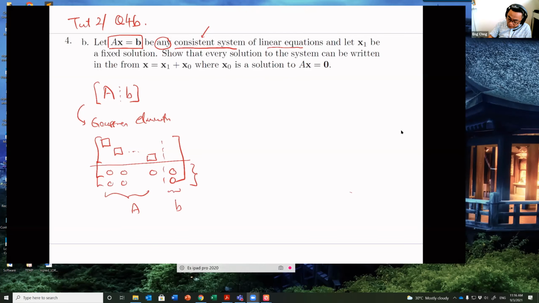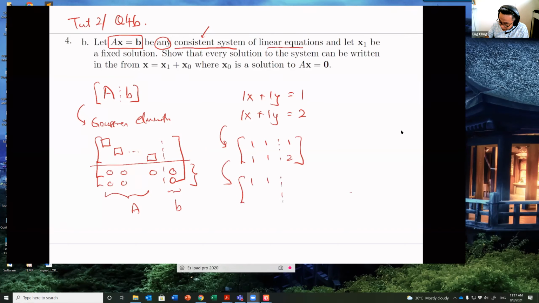Why? Okay, let's try this. The first equation I told you is 1x plus 1y equals 1. The second one is 1x plus 1y equals 2. All right, let's form the augmented matrix: 1, 1, 1. The second row is 1, 1, 2. Perform Gaussian elimination. Let us see. 1, 1, 1.